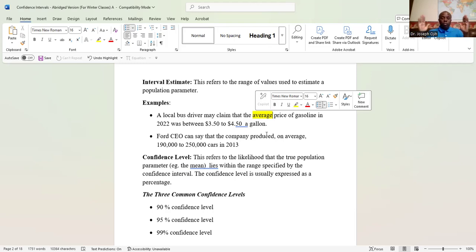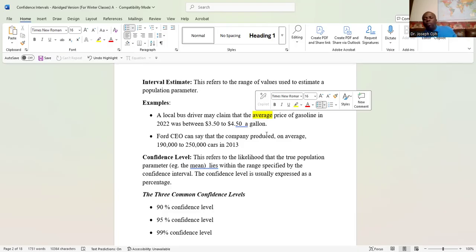Those are two numbers that can accommodate other prices. The Ford CEO can also say that the company produced on average 190,000 to 250,000 cars in 2013. Again, two numbers, lower and upper.